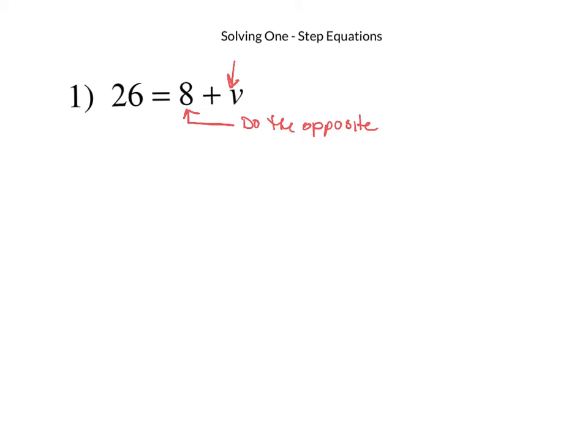What I mean by that is, in this case, the constant is positive 8. So what you want to do is subtract 8 from both sides of the equal sign to get the variable by itself. So you're going to subtract 8 here and subtract 8 here.